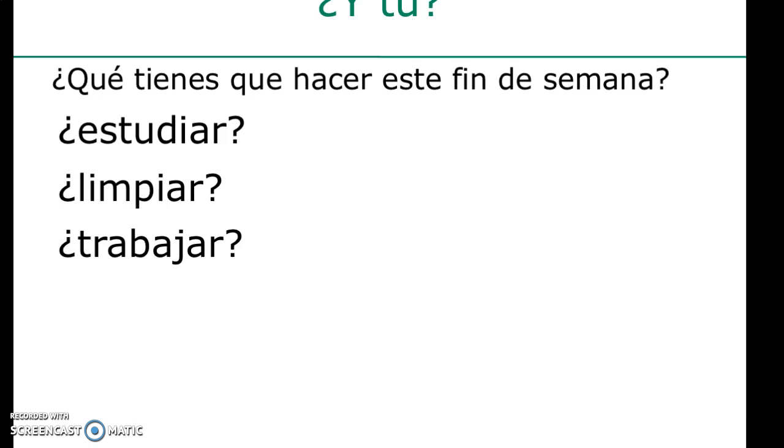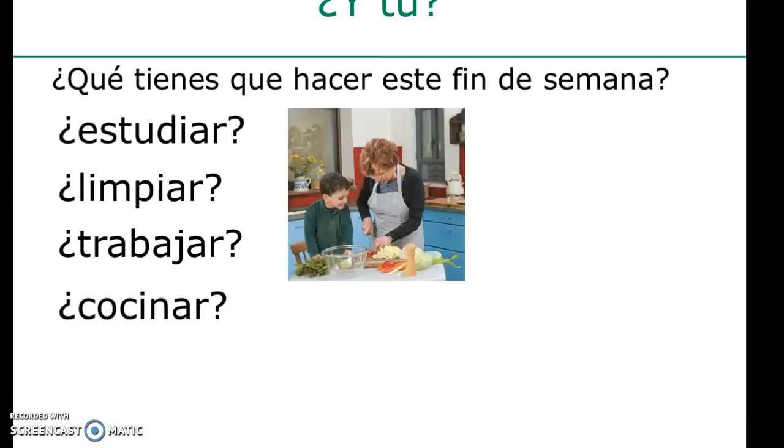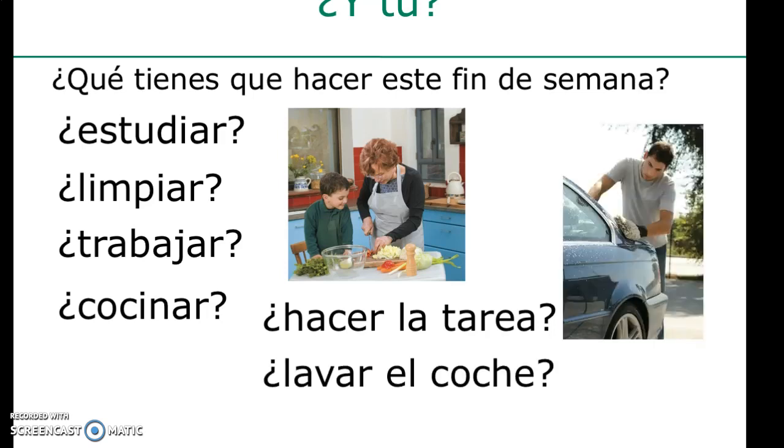Maybe you have to cocinar. There we go. There's our hacer la tarea, in case you were wondering how that's spelled. Tal vez lavar el coche. Ir a algún parte. Maybe go to some place.